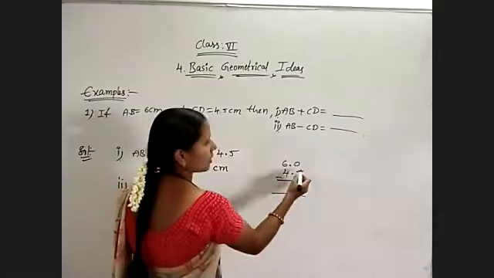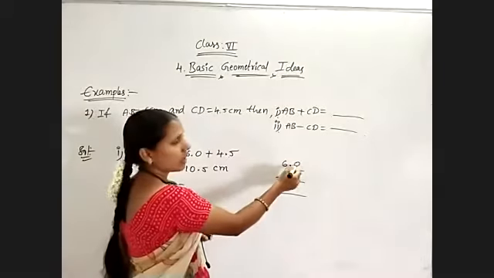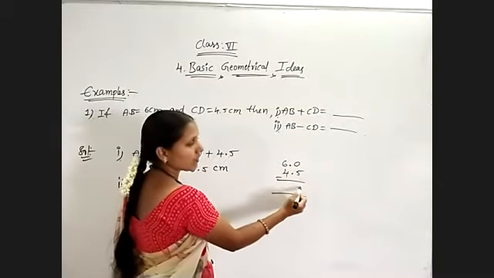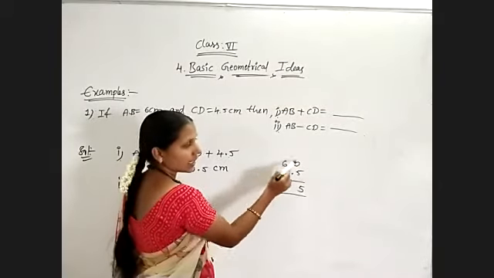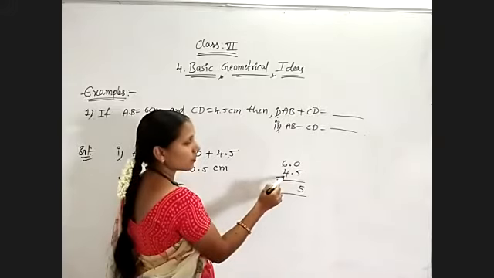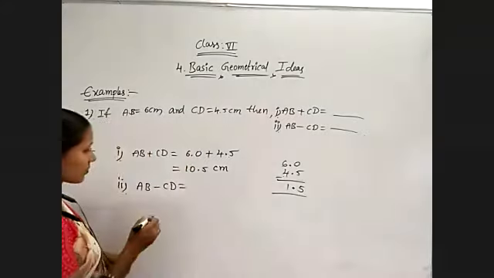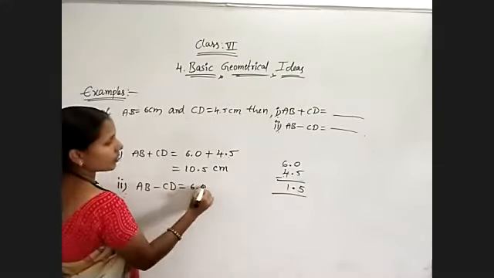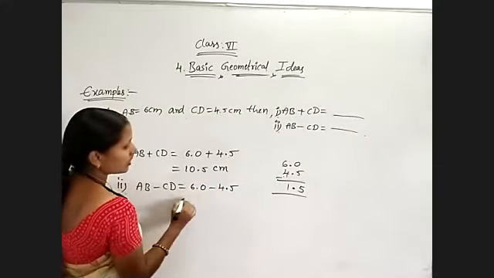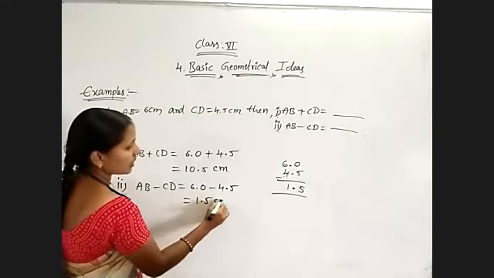Minus we are doing. 0, take 10 by borrowing from the previous digit. 10 minus 5 is 5. Already I have borrowed, so 5 left. 5 minus 4 is 1. And just below, 1.5. So 6.0 minus 4.5 is equal to 1.5 centimeters.